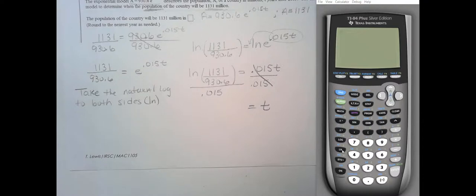We click on LN, then open parenthesis, 1131 divided by 930.6, and close it.